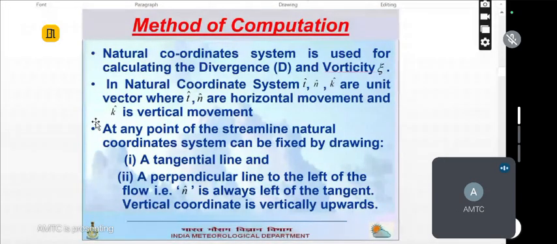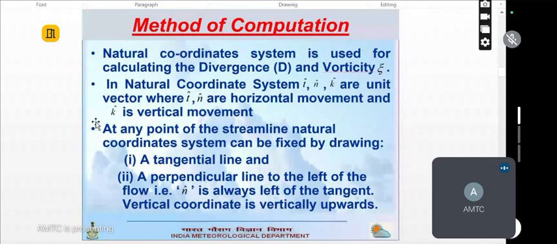What is the natural coordinate? The natural coordinate system is used in forecasting and plotting for our ease. Why? Because in the Cartesian coordinate system you have defined the surface in the xy plane or z plane. But the Earth is a spheroid. It is not a flat plane. So the z axis keeps changing when you move.